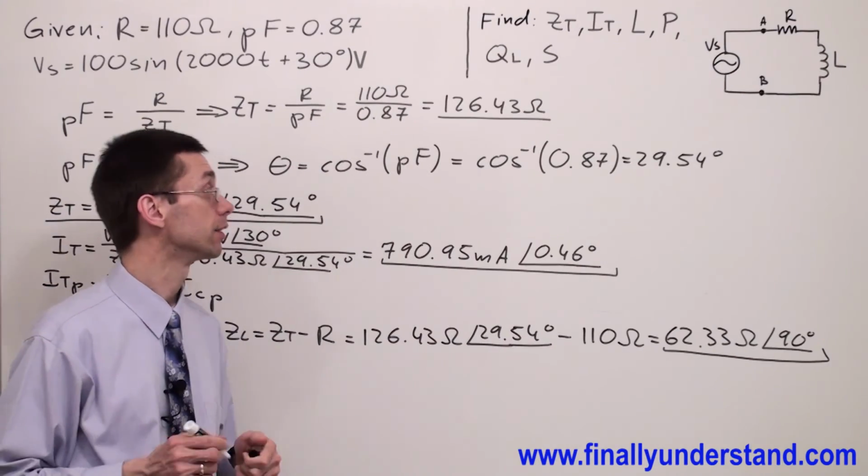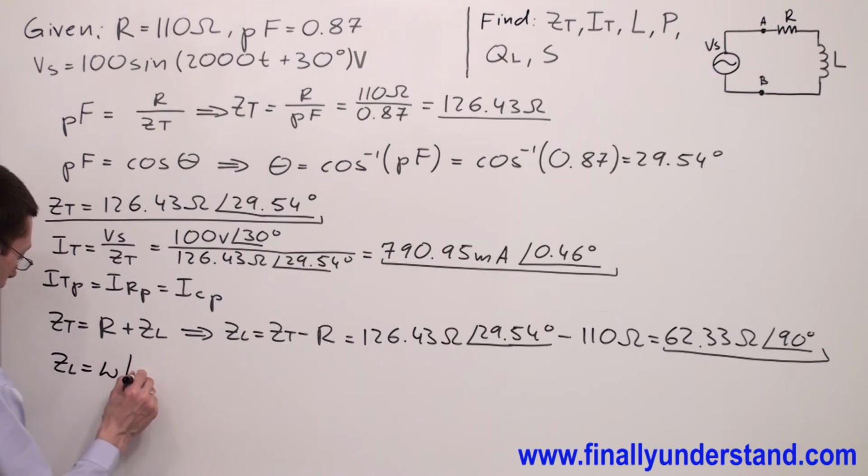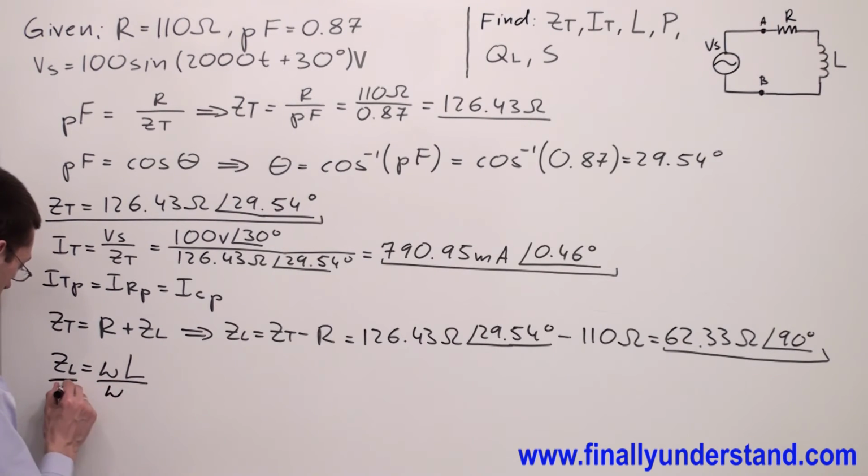Now we can find the inductance of the inductor. We have a formula which says ZL is equal omega L. In order to find L, I'm supposed to divide both sides of my formula by omega.